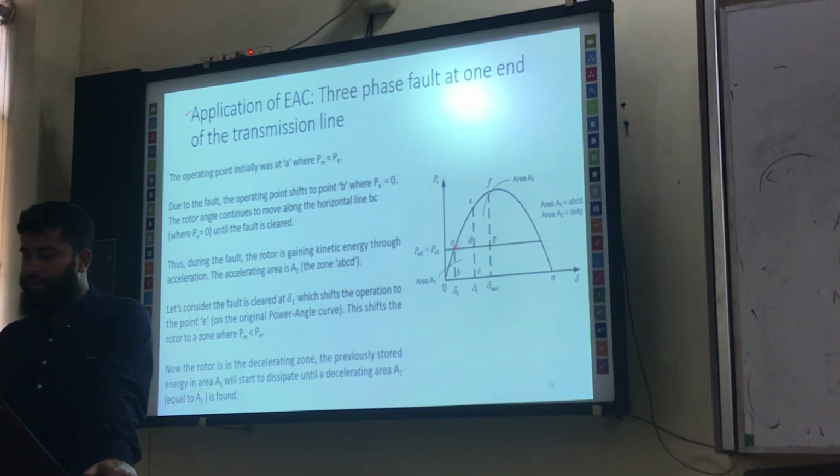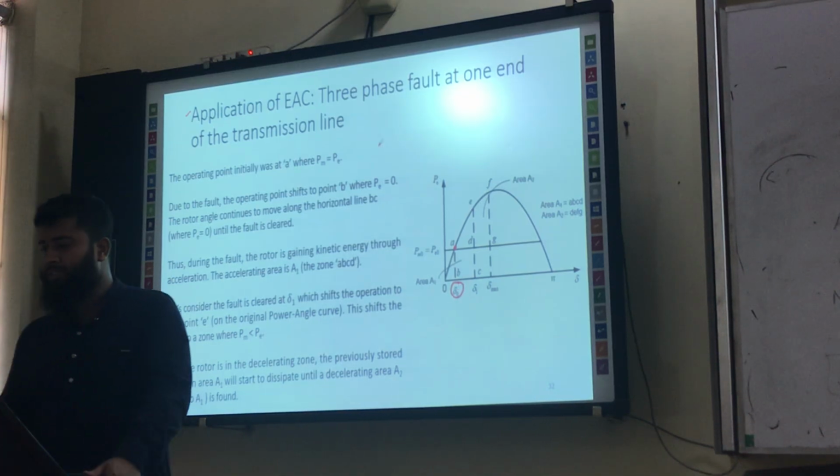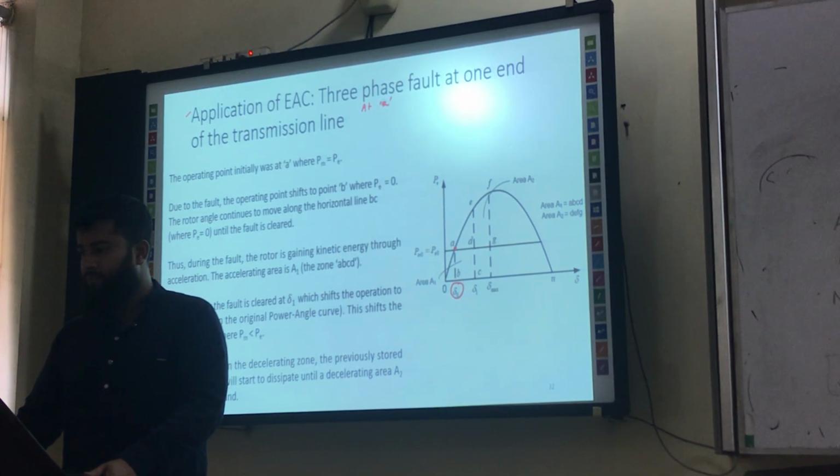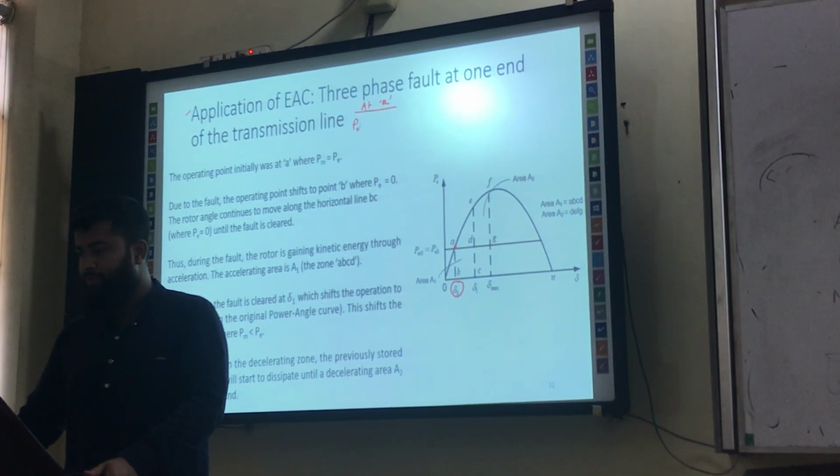And at that time, the rotor angle is denoted by delta. Okay. So if I write here at point A, our PM0 is equal to PE0.